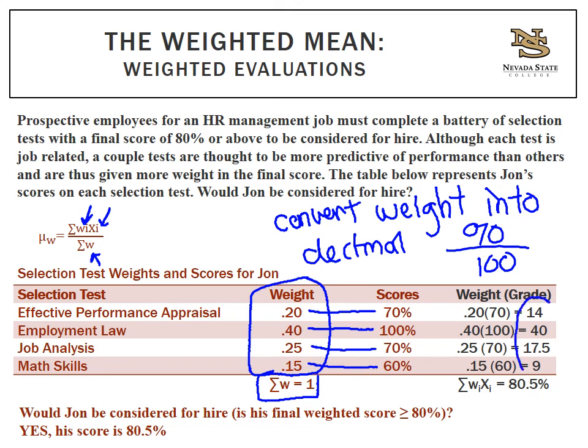These get added up, and you end up with 80.5% final grade. So in this case, John would definitely be considered for hire. His final weighted score is greater than 80%, and that's what we wanted to have up here because it's an 80.5%.